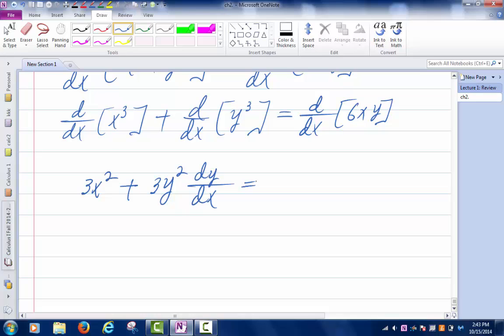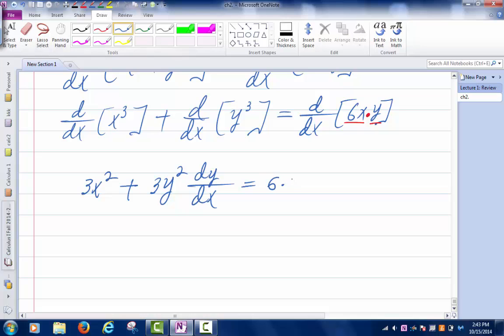So here, you would have to view 6xy as the product of two functions, 6x and y. These are two functions of x. Now, you apply what? Product rule. So if I apply the product rule, what is that? You take the derivative of the first factor, which is what?